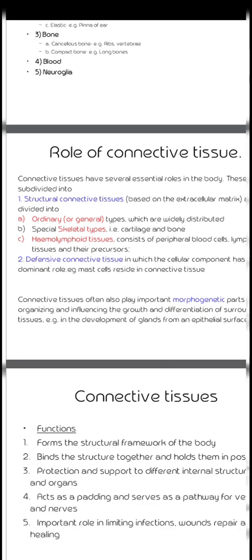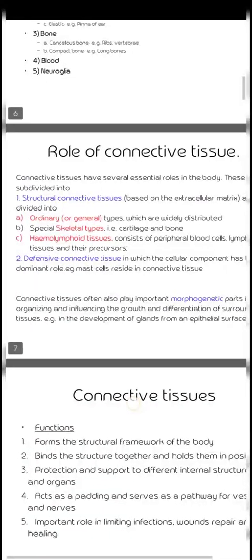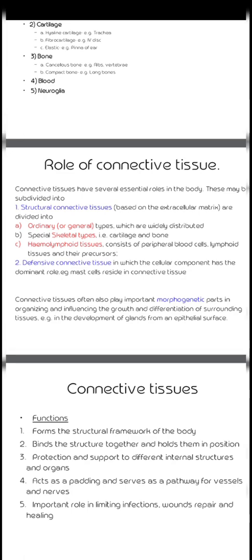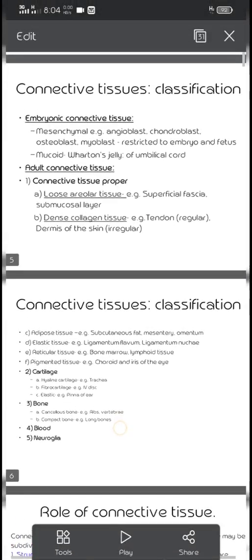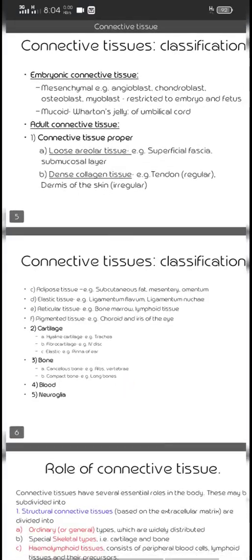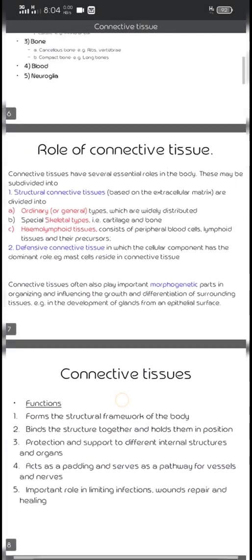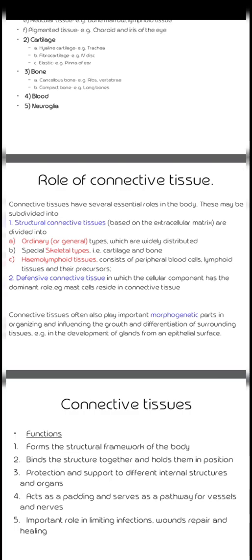There may be structural connective tissues, such as the ordinary type, which are widely distributed within the body, as we've discussed earlier, that contains the adipose tissue, and that contains the loose areolar tissue, elastic tissue, reticular tissue. Those come under the umbrella of ordinary, whereas special skeletal type tissues which serve the function of maintaining our skeleton are cartilage and bone.